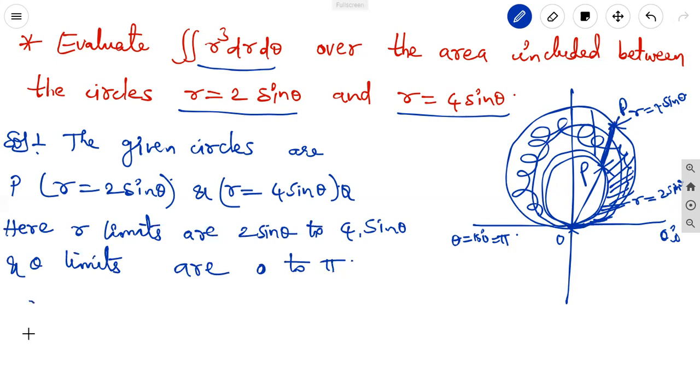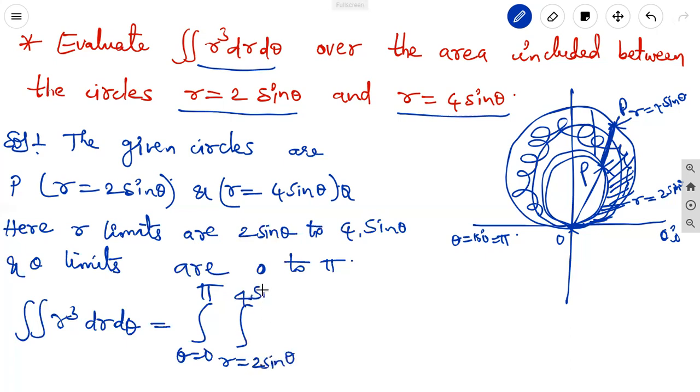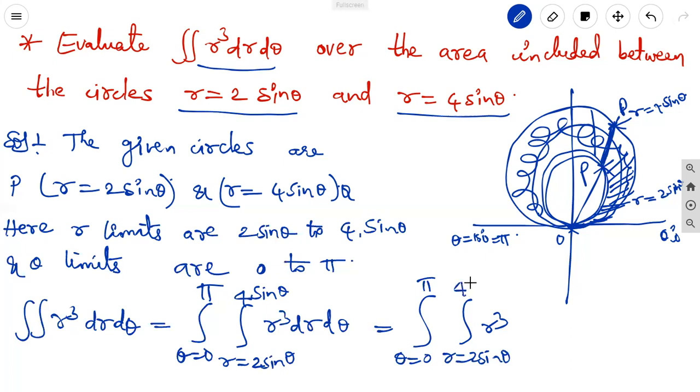Then the double integral of r cube dr d theta equals the integral from theta = 0 to pi, and r = 2 sin theta to 4 sin theta, of r cube dr d theta. First, we integrate with respect to r.